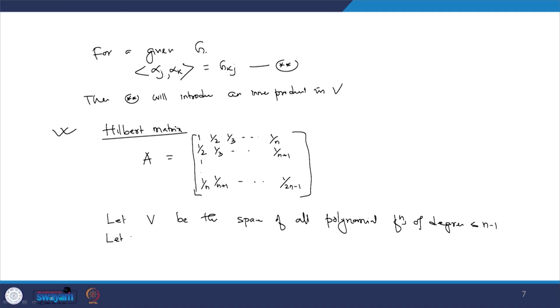So, let B be the standard ordered basis in V, that is 1, x, x square, up to x to the power n minus 1. So, I have taken a vector space of dimension n, and accordingly I have chosen an ordered basis B equal to 1, x, x square, up to x to the power n minus 1.